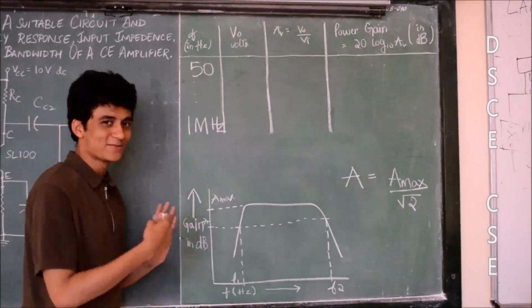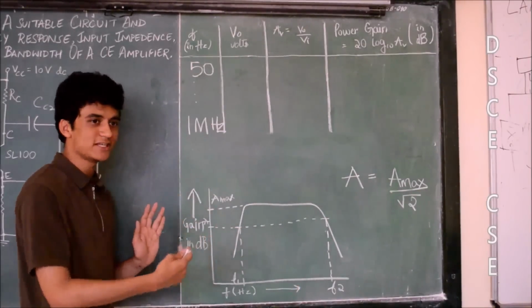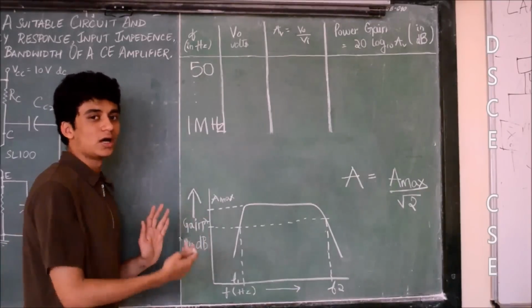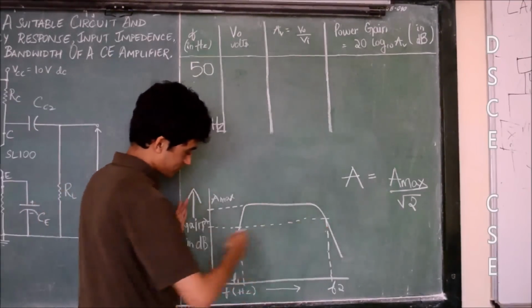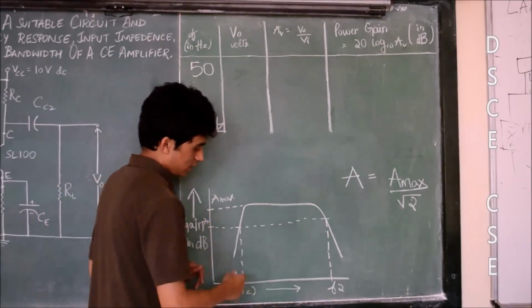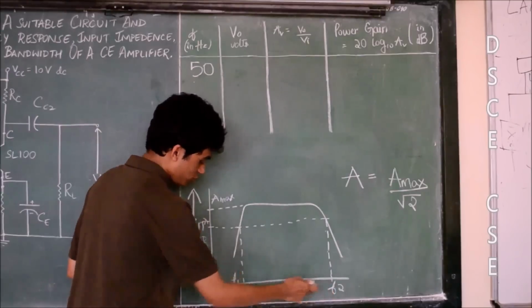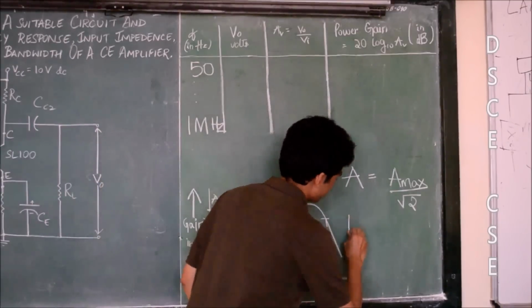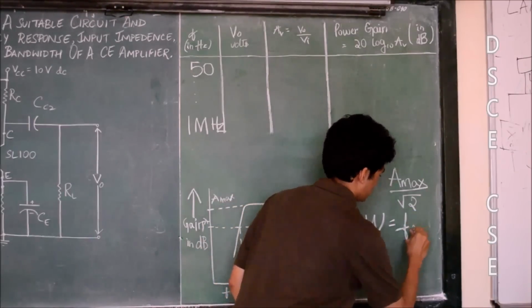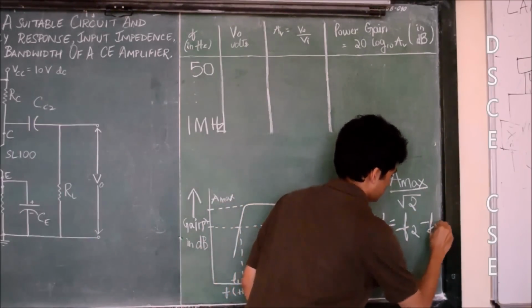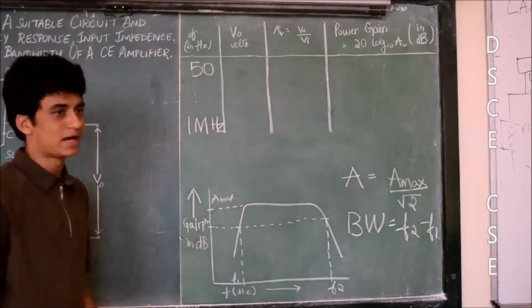What bandwidth basically is, it's a range of frequency at which we get a good amount of gain from the amplifier. So we can calculate the bandwidth by subtracting f1 from f2. Bandwidth equals f2 minus f1, which gives us the bandwidth of the amplifier.